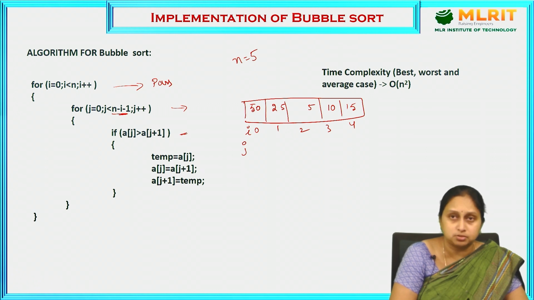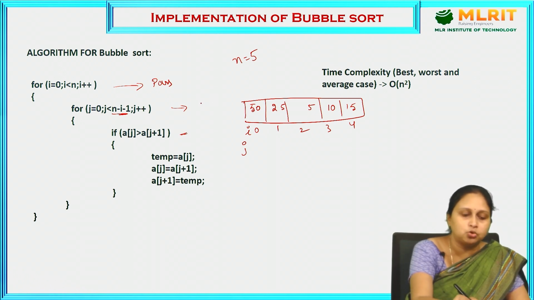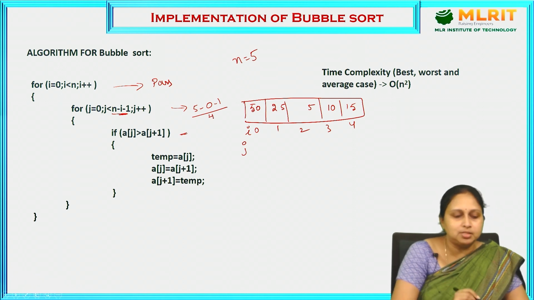For that purpose, every time we check n minus i minus 1. Here n is 5, 5 minus i value 0, minus 1. That means 5 minus 1 is 4. That means this loop will be repeated only 4 times.